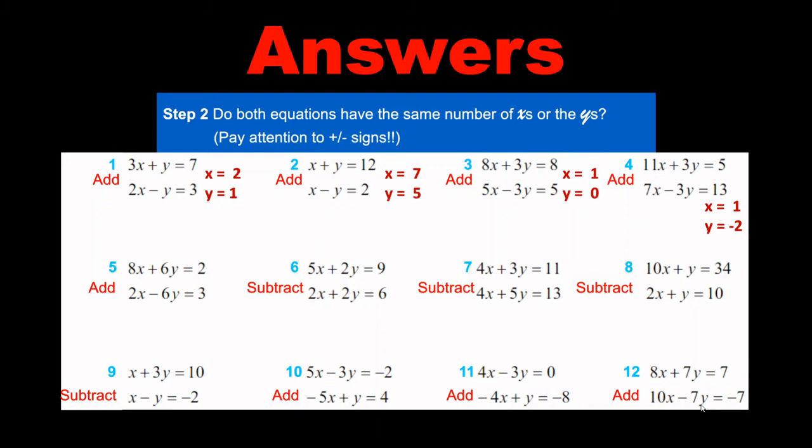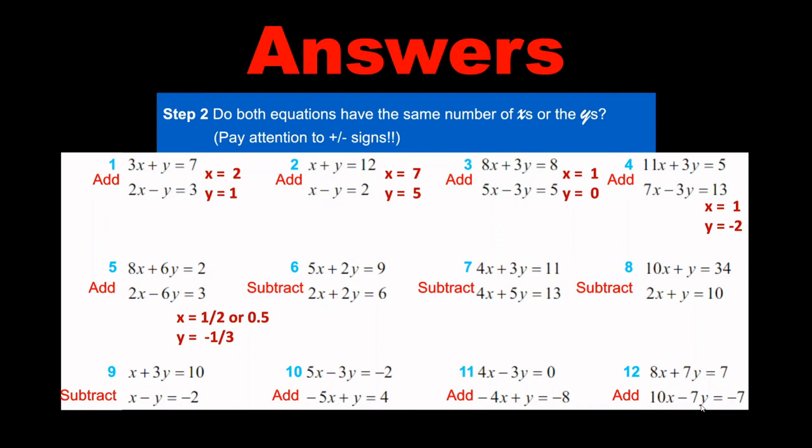For question 5, we added to eliminate the y's. And notice I gave my answer in fraction form. For x, as it's a half, we know that that's 0.5, and that's fine as a decimal. But for y, it's -1 divided by 3. I'd rather write that as -1/3 than -0.3 recurring, because -1/3 is perfectly accurate.